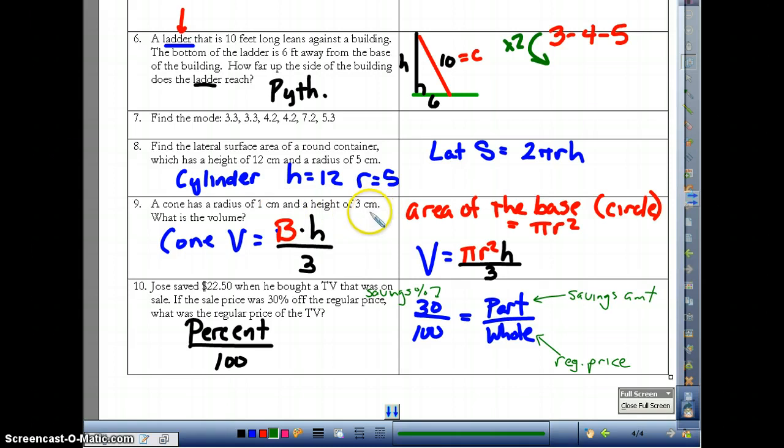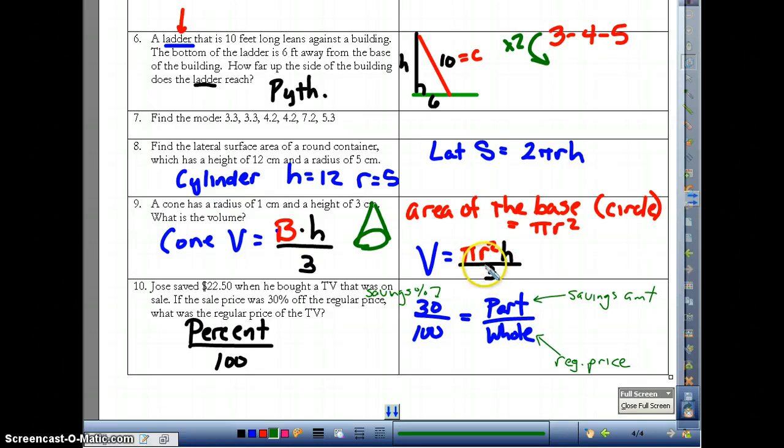What is the volume? It's a cone. On your formula chart, the volume of a cone says this, where capital B is the area of the base. What's the shape of the base of a cone? Yeah, it's a circle. So to find the area of a circle, you use pi radius squared. So it's going to be pi radius squared multiplied by the height divided by 3.